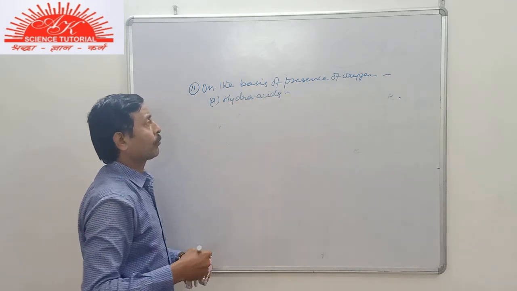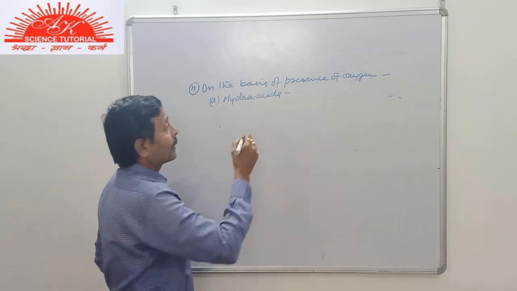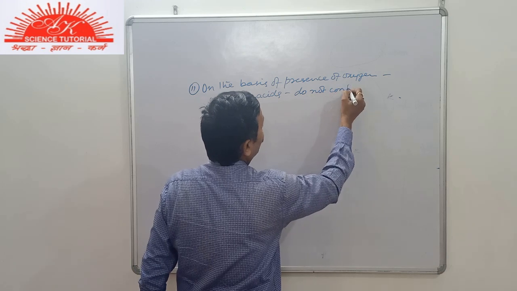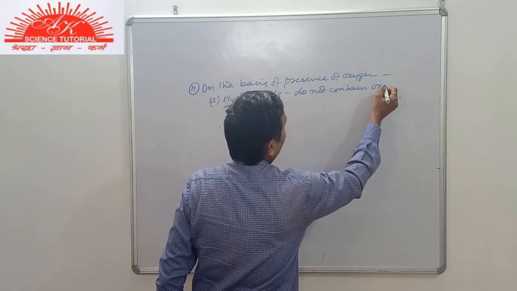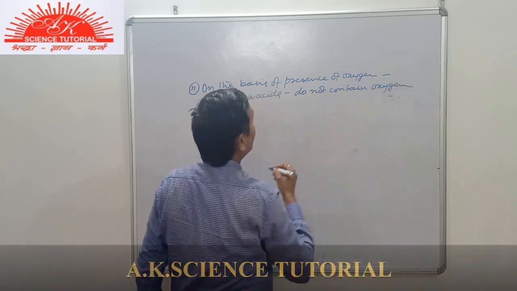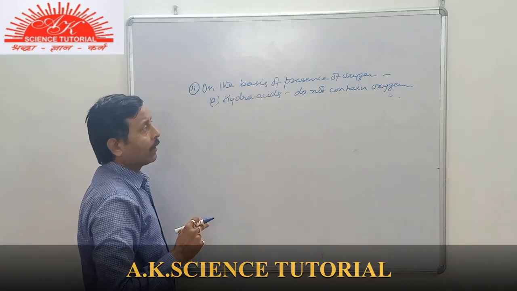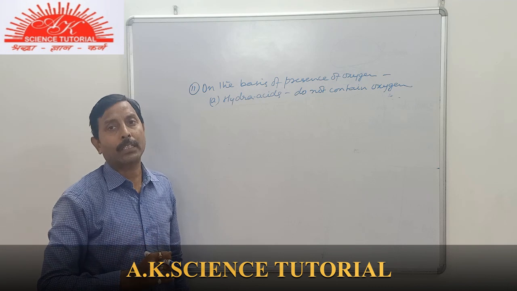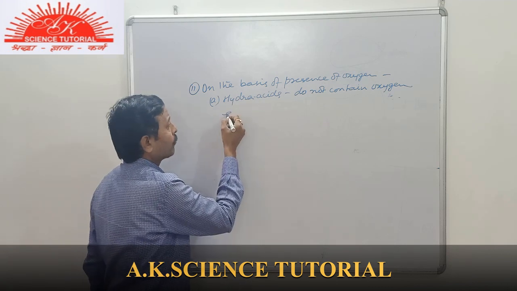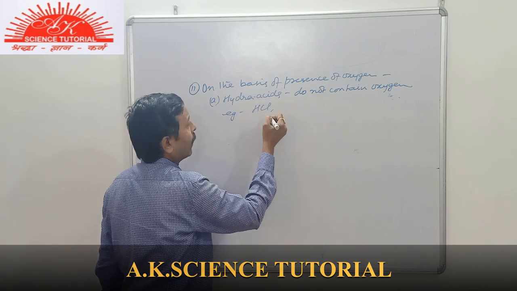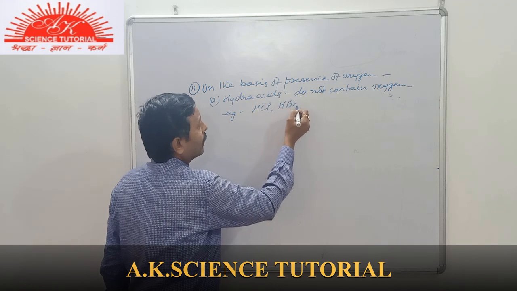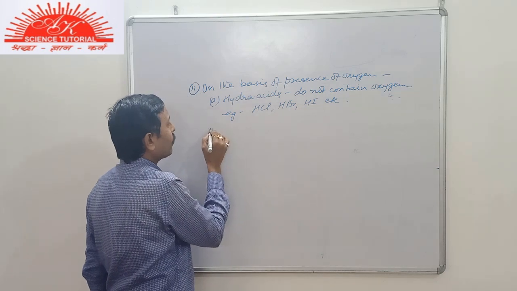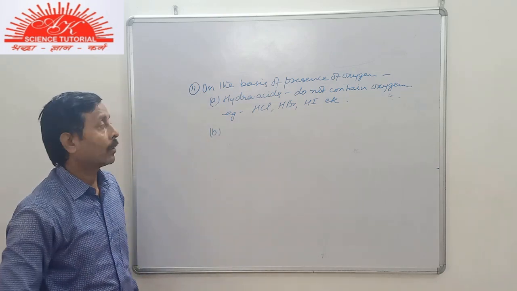Hydra acids do not contain oxygen. That is, they will contain hydrogen and another nonmetal other than oxygen. Example, hydrogen chloride, hydrogen bromide, hydrogen iodide, etc. So these are called hydroacids.